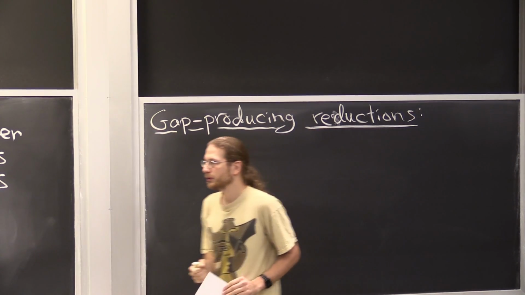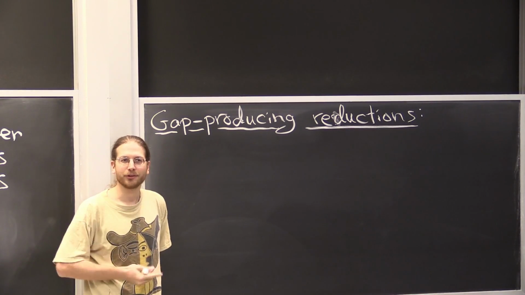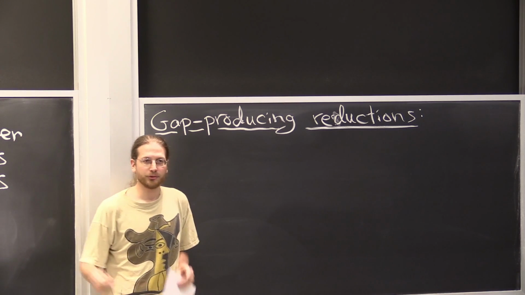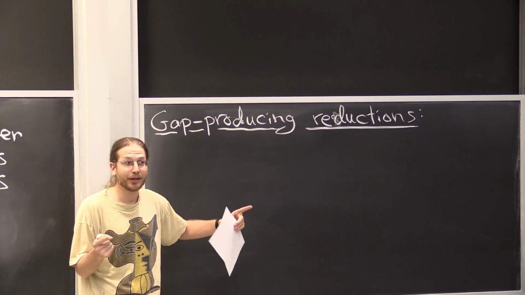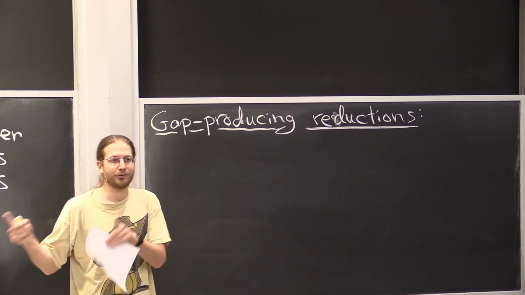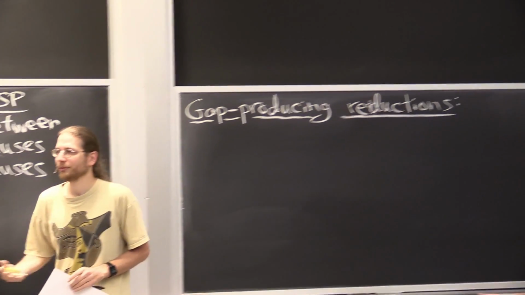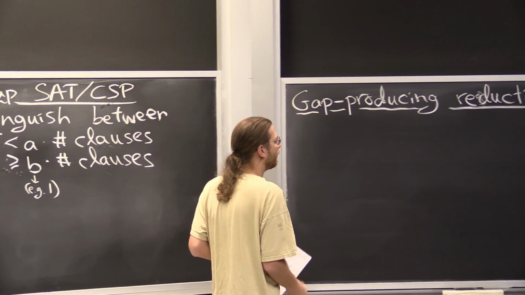You could start from no gap and make a gap, or start from a gap of additive 1 and turn it into a big multiplicative gap. That will be gap-producing reductions. You could start with some gap and then make it bigger. That's a gap-amplifying reduction. Or you could just start with a gap and try to preserve it. That would be gap-preserving reductions. In general, once you have some gap, you try to keep it or make it bigger to get stronger hardness for your problem.